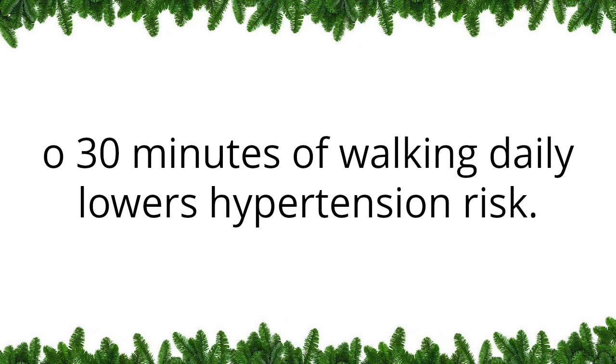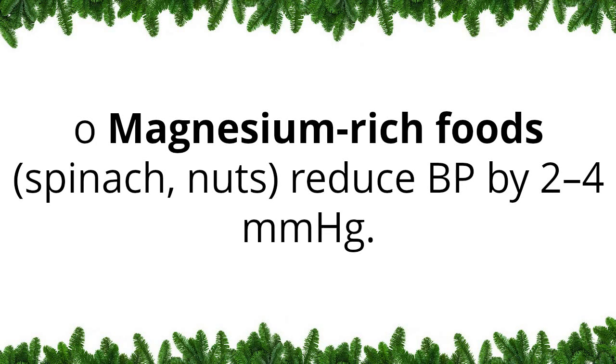This will prevent hypertension. Then, in terms of the foods in preventing cardiovascular diseases, you can encourage magnesium-rich foods like spinach and nuts. These have the capability of reducing blood pressure by 2 to 4 millimeters of mercury.